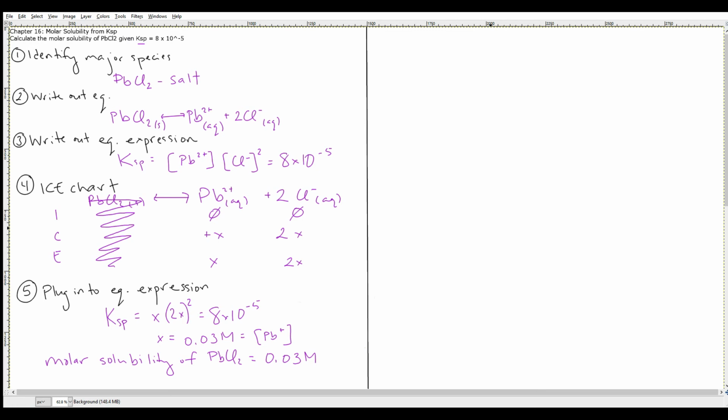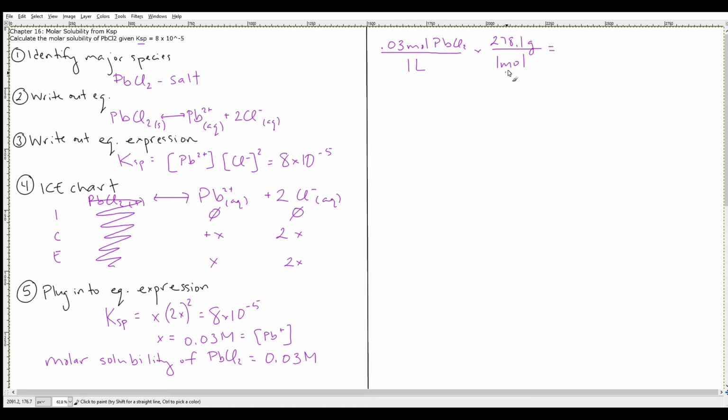However, usually we report solubility in grams per liter, so let's go ahead and convert that as well. So 0.03 moles of lead chloride per 1 liter of solution. I know in every 1 mole there's 278.1 grams.